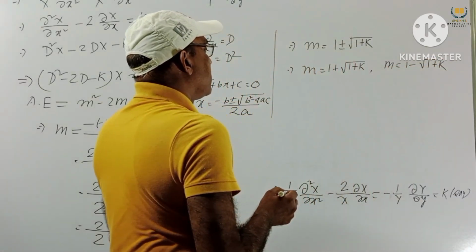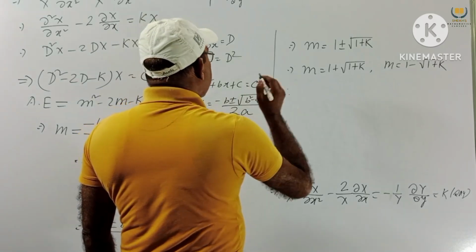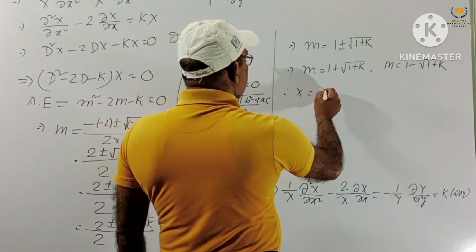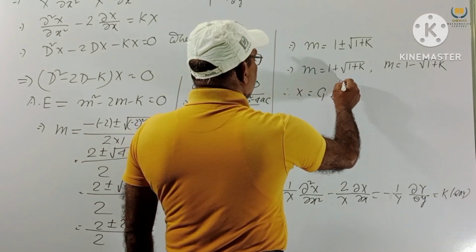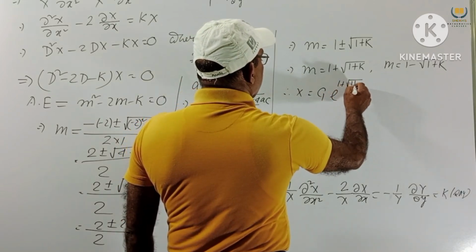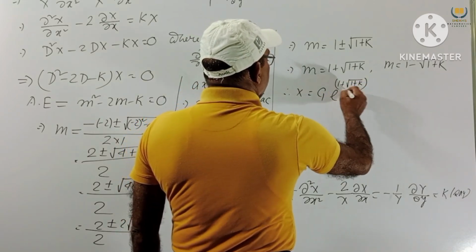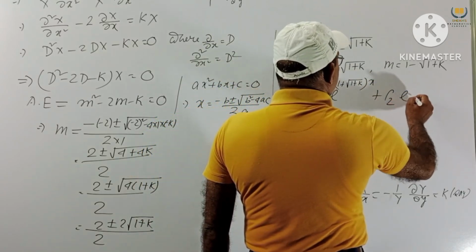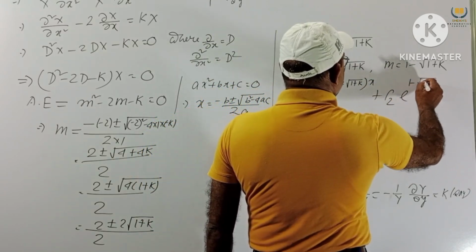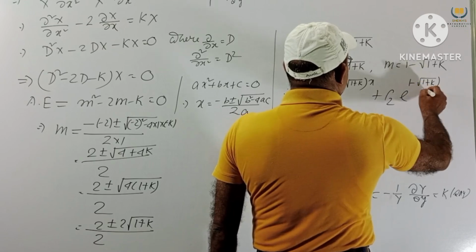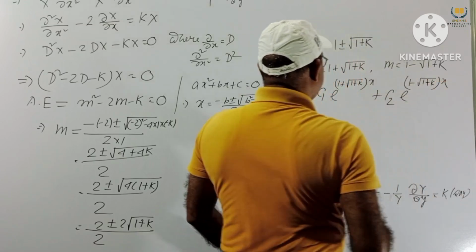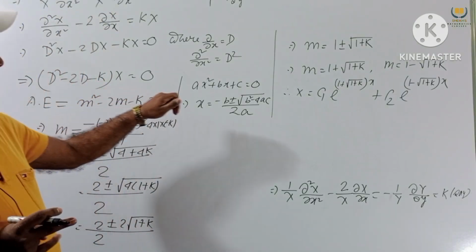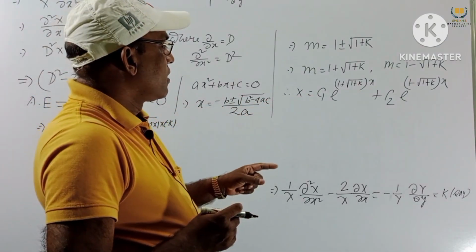We get this. Therefore, we get the solution x = C1 e^((1 + √(1 + k))x) + C2 e^((1 − √(1 + k))x). We get this. This is the solution for x.